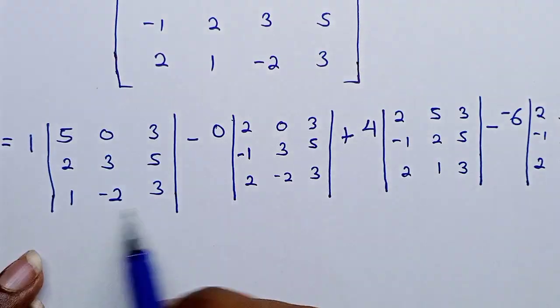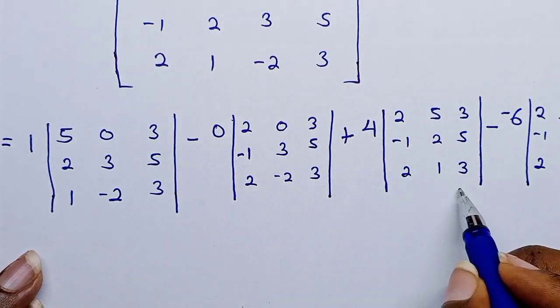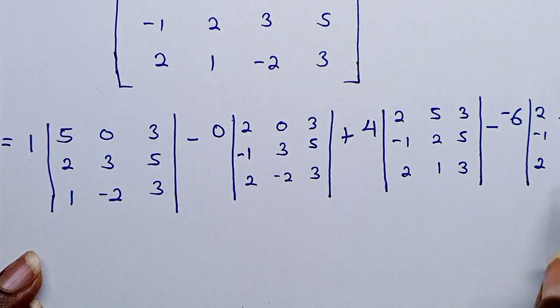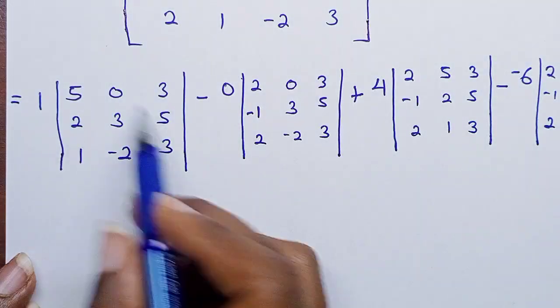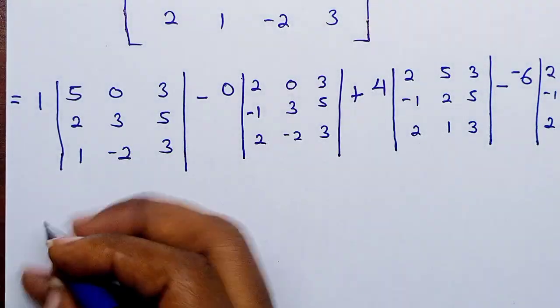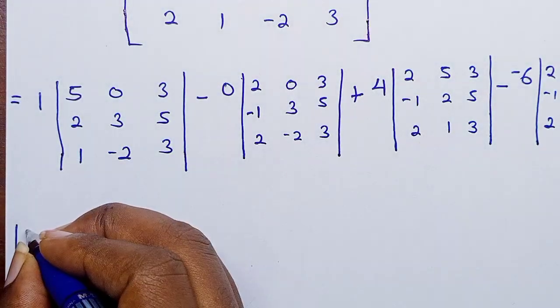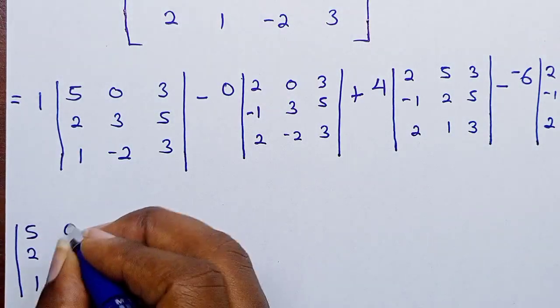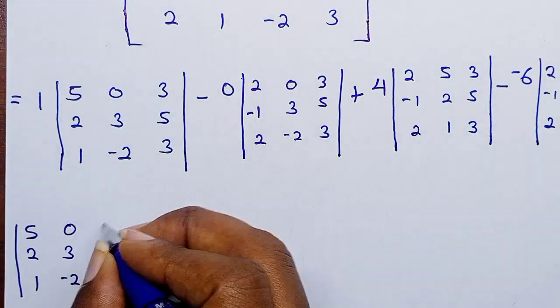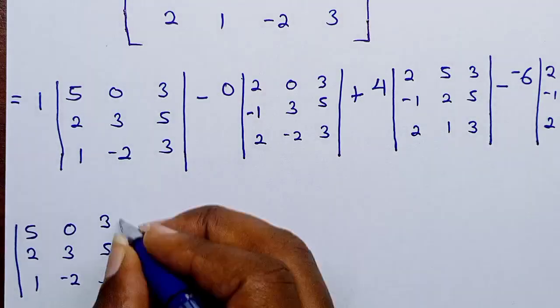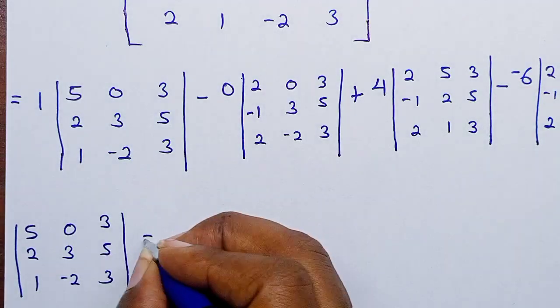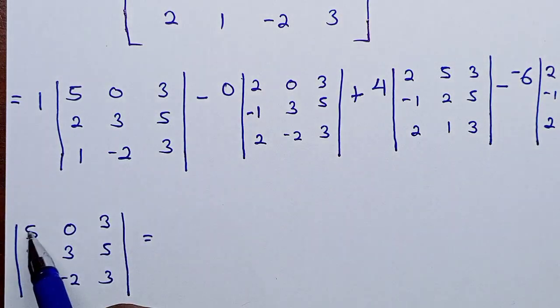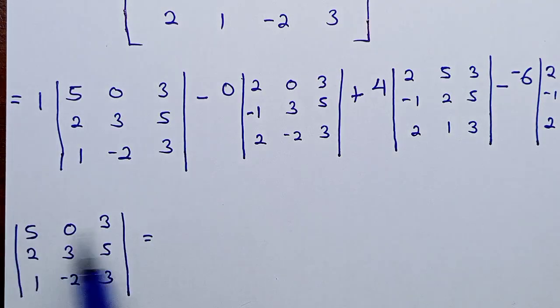So we're going to find the determinant of this one and the determinant of this one. Let's start with this one here: the determinant of 5, 2, 1, 0, 3, -2, 3, 5, 3. This would be equal to, first, considering the first row, 5, 0, 3.